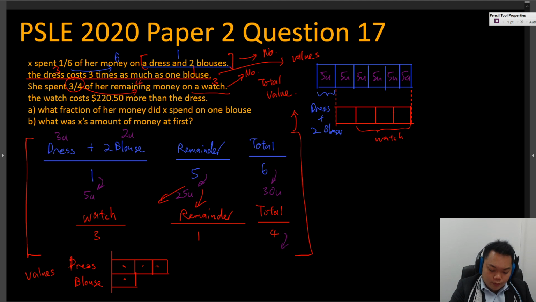So the 4 of these red blocks will have the same amount as these 25 units here. Correct?